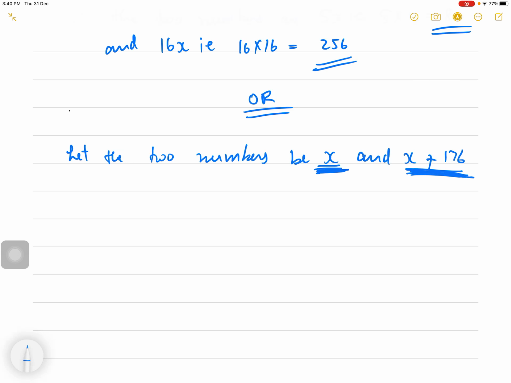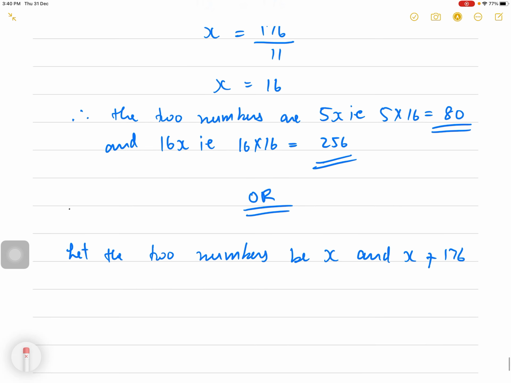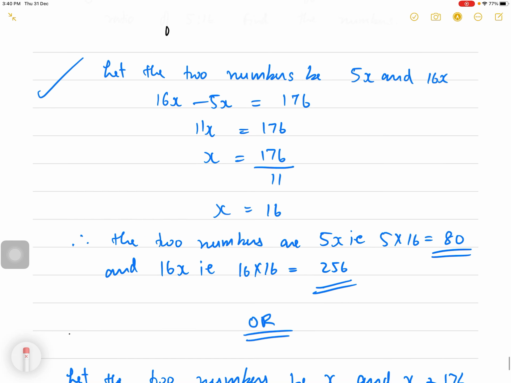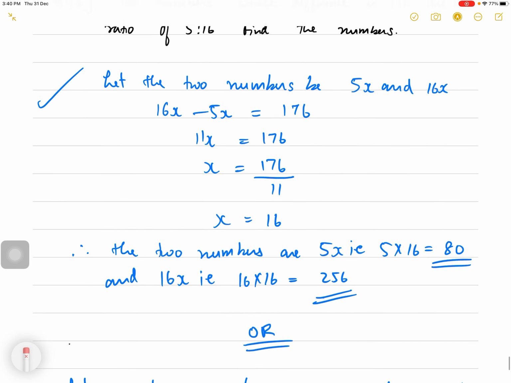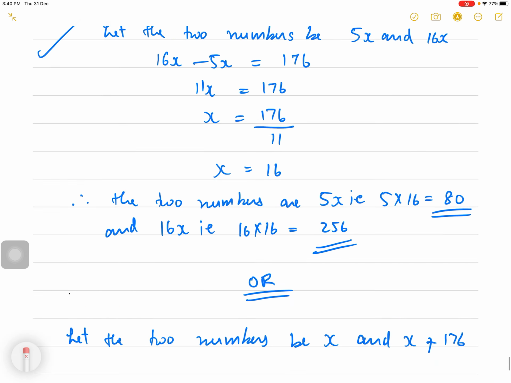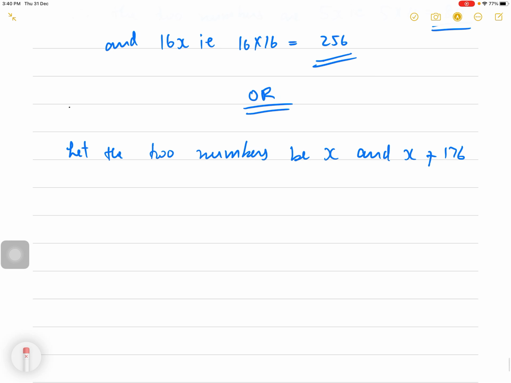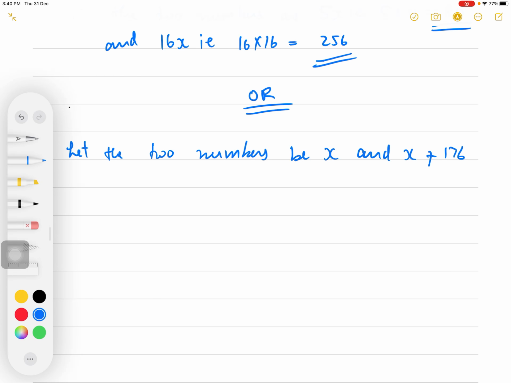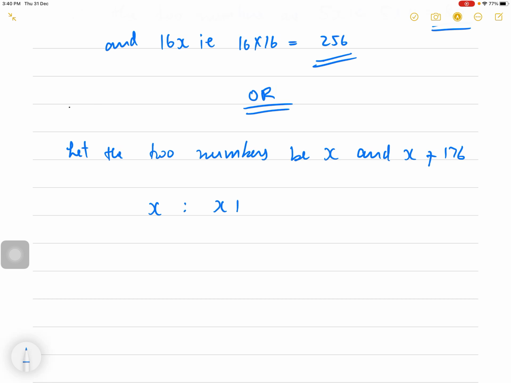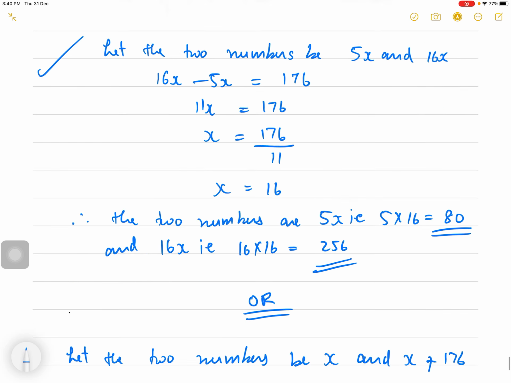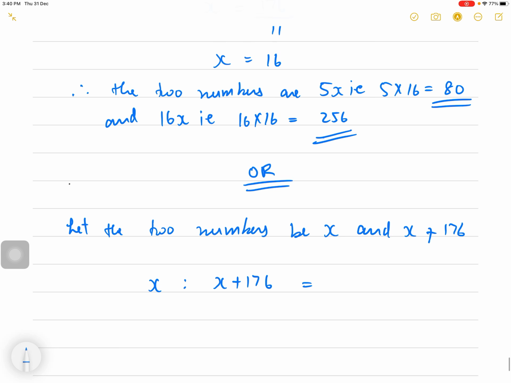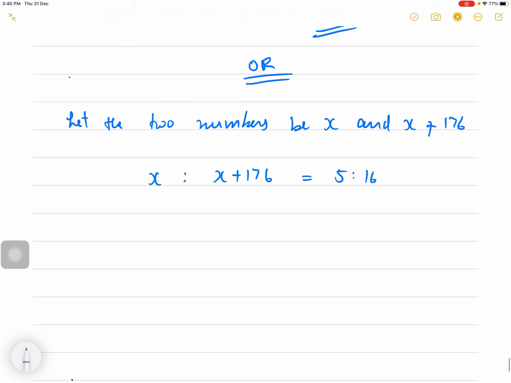If the first number is x, the second number will be x plus 176 because the difference is 176 between the two numbers and the ratio is 5:16.